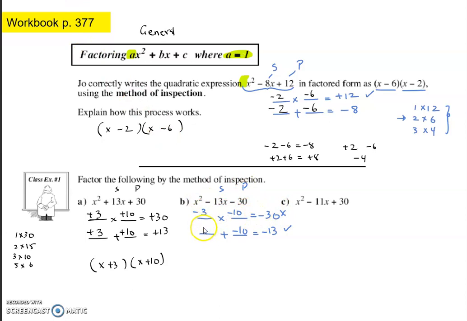So I have to pick another option. 2 and 15 could work here. If I make my bigger number negative and my smaller number positive, the sum becomes negative 13. And because they're opposite signs, they multiply to become negative 30. So now this works.